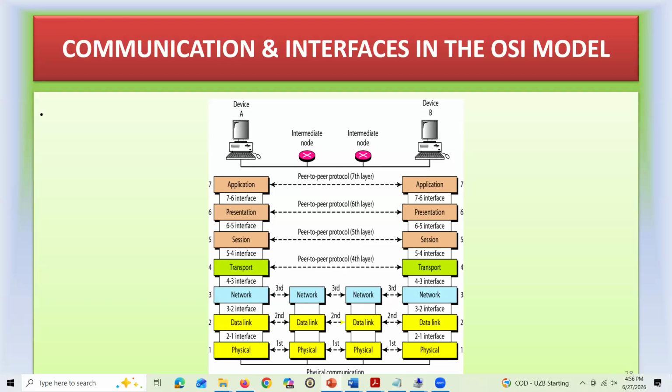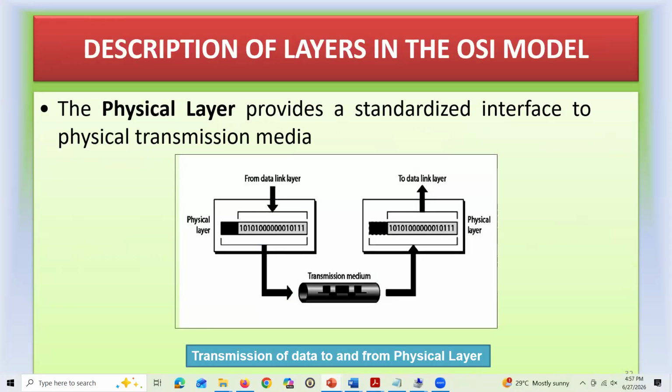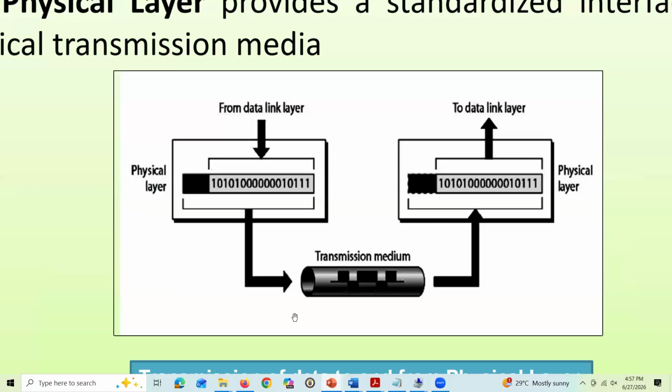In your computing environment, you always connect your cable to your machine, or if it's a pen drive you want to transmit from, you connect it to the device. Whatever you want to do, there's physical connectivity and physical transmission of bits in the form of zeros and ones. As you can see, the example is here, zeros and ones. You can transmit this. Can you all see this?